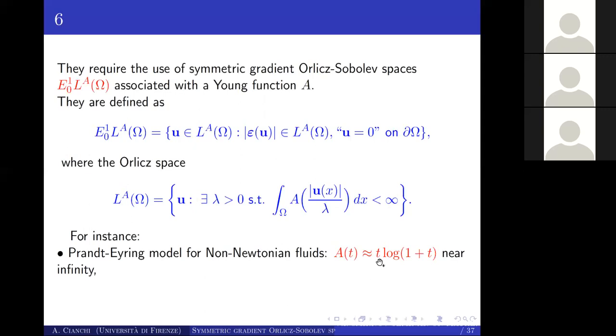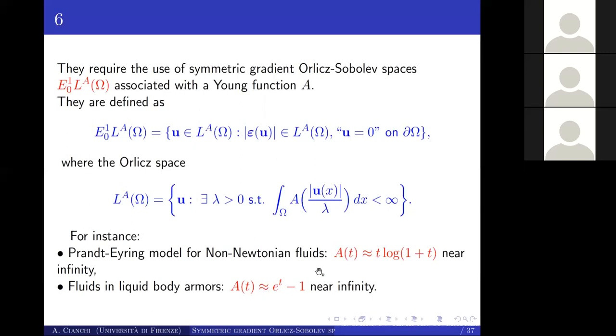So it behaves like t times a log. Another instance, which arose more recently, is given by certain fluids which are used in body armors. So for these fluids, the behavior of the function A in the model is of exponential type.